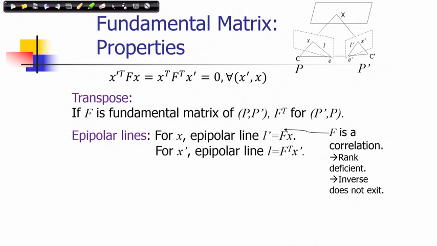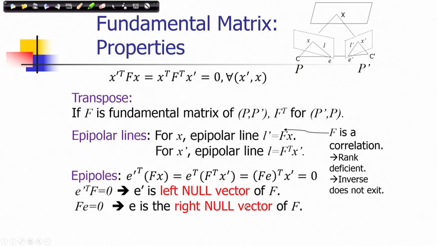F is also rank deficient. We discussed this while discussing the solution of a problem, which means that its inverse does not exist. And how these epipoles are related with x, we discussed.